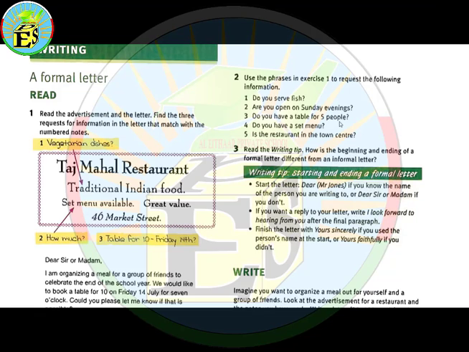Number 4, do you have a set menu? Could you please let me know if you have a set menu? And the last one is, is the restaurant in the town center? And the way to write a request is to start with could. Could you let me know if the restaurant is in the town center?